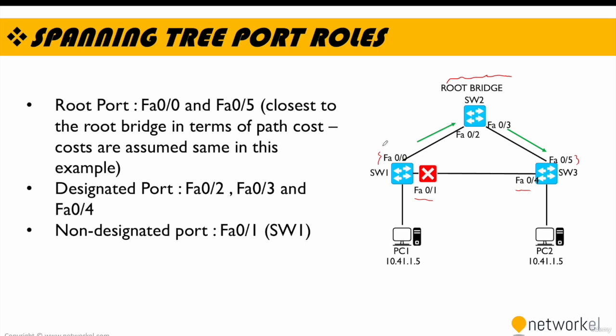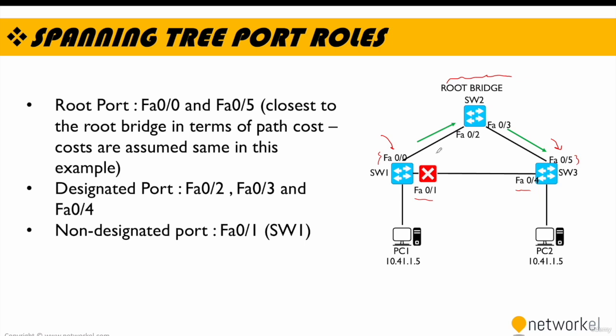So Fast Ethernet 01 and Fast Ethernet 05 are the root ports because they are closest to the root bridge in terms of cost. Okay, so costs are assumed same in this example.